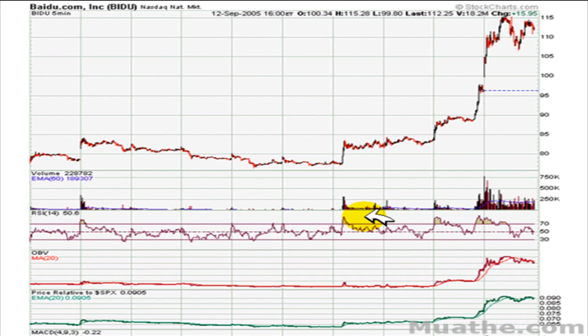Baidu, baby. All right, now Baidu. This is September 2005, when Baidu was trading under $100. See, on this day here, I had a strong close way above 68, and it had a three-peat. I hope you can see it. Above 68 here, again drops a little bit below that, touches it again, and then closes again.